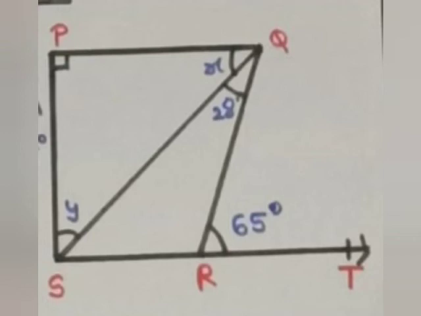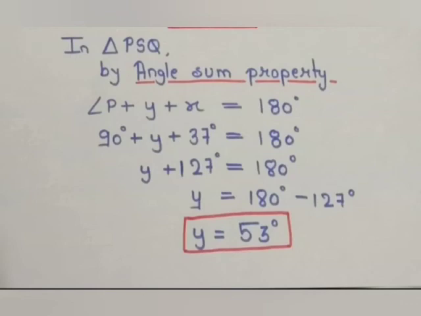Now use the angle sum property: angle P plus angle Q plus angle S is equal to 180 degrees. So put the values of X and Y and 90. After putting the values of P and X, because Y is unknown, 90 plus 37 becomes 127. Now transpose 127 and subtract from 180 degrees, so you will get the value of Y as 53 degrees.